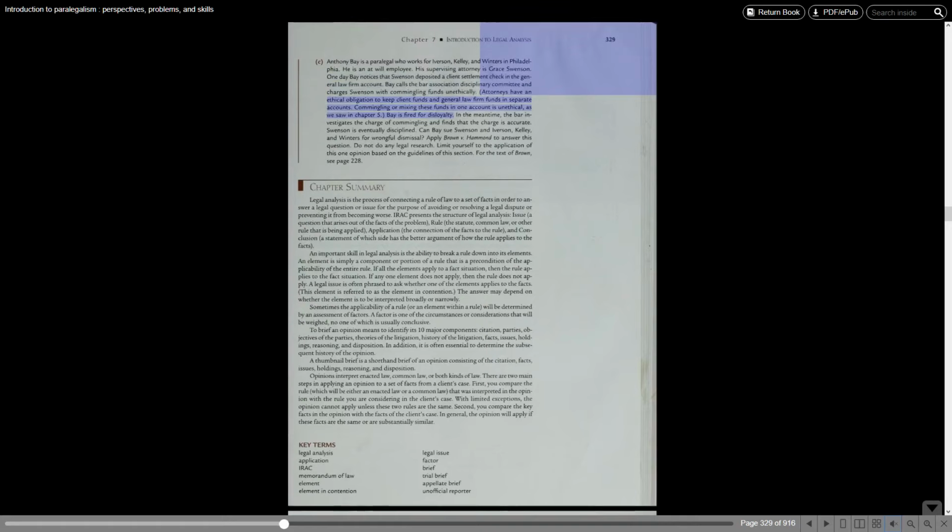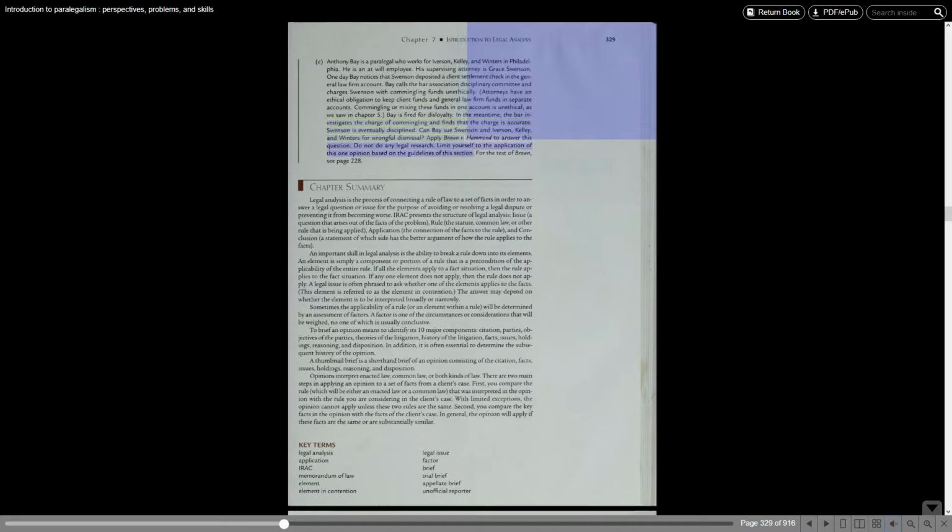Attorneys have an ethical obligation to keep client funds and general law firm funds in separate accounts. Commingling or mixing these funds in one account is unethical, as we saw in Chapter 5. Bay is fired for disloyalty. In the meantime, the bar investigates the charge of commingling and finds that the charge is accurate. Swenson is eventually disciplined. Can Bay sue Swenson and Iverson, Kelly, and Winters for wrongful dismissal?